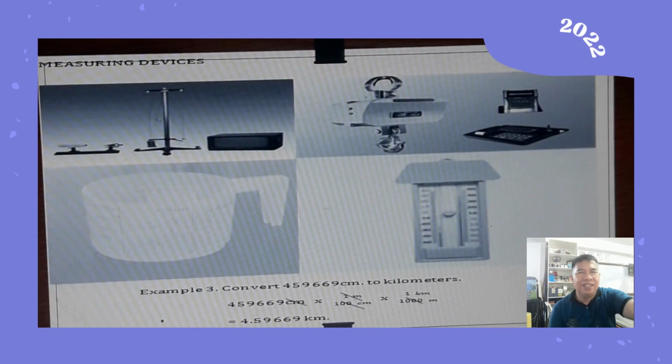So I think it is 4 point something, with the corresponding value of 459,669 centimeters. So it is equivalent to 4.5969969 kilometers.